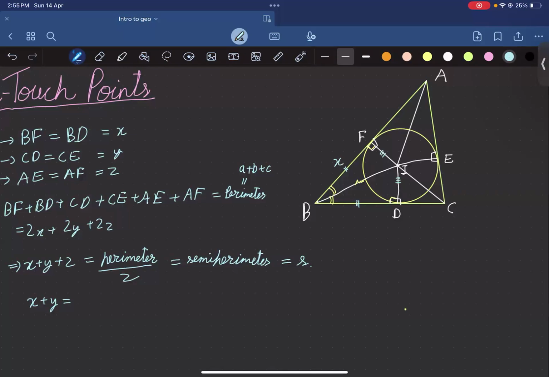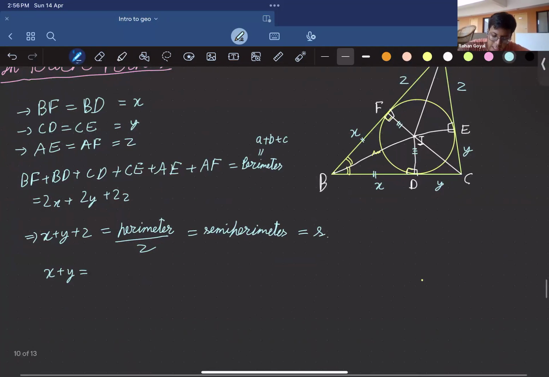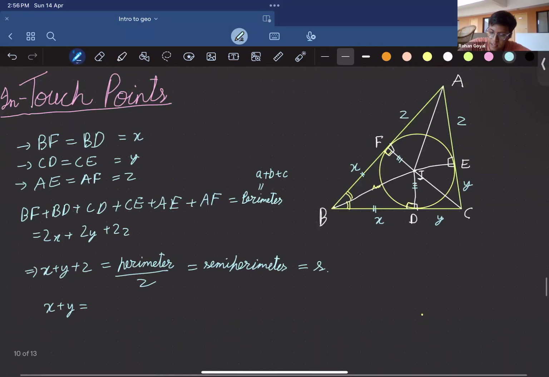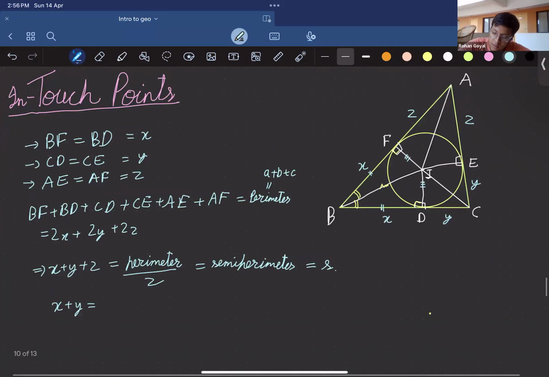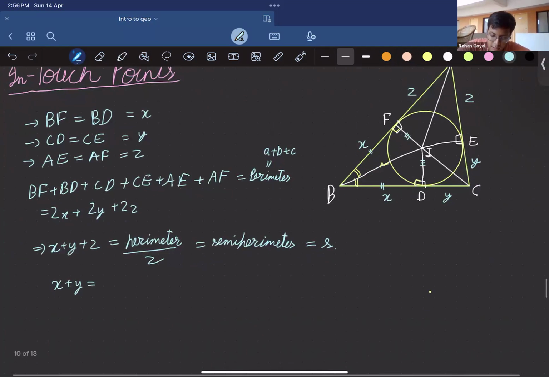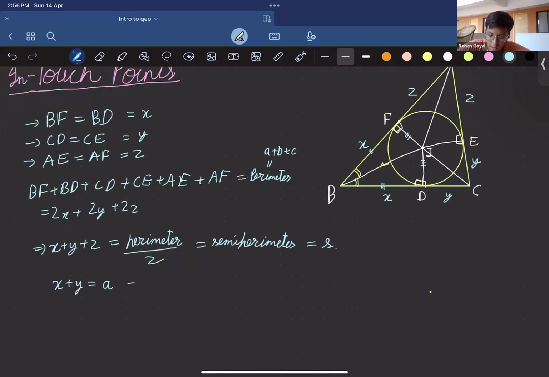So if we subtract A from S, we get Z. We know X plus Y plus Z is half of the perimeter, because 2X plus 2Y plus 2Z is 2S. So X plus Y is just BC, so X plus Y is equal to A. That means Z is equal to S minus X minus Y.